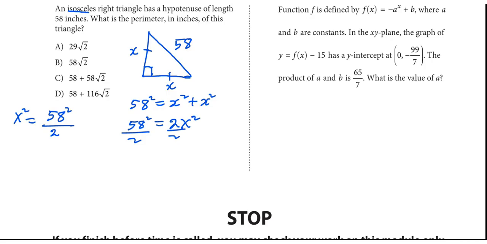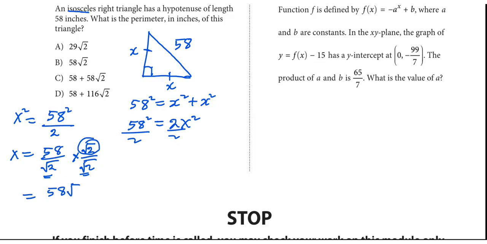We can simply take the square root of both sides so that x is equal to 58 over the square root of 2. Because we cannot keep the square root as a denominator, we need to multiply by the square root of 2 over the square root of 2. Nothing has actually changed, but the square root of 2 times the square root of 2 will simply give us 2. So this is now 58 times root 2.